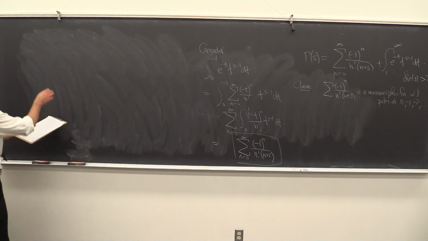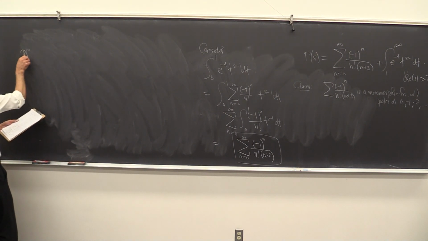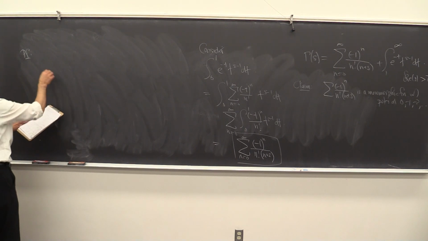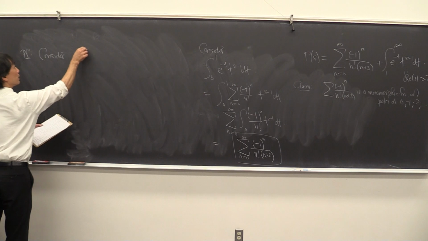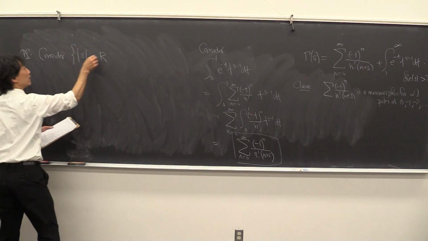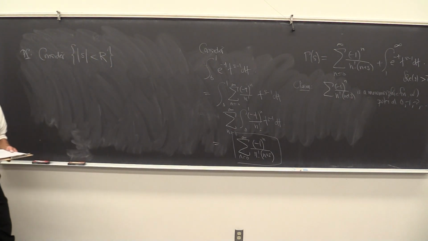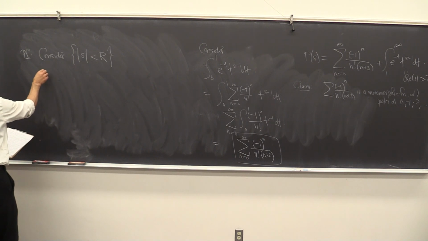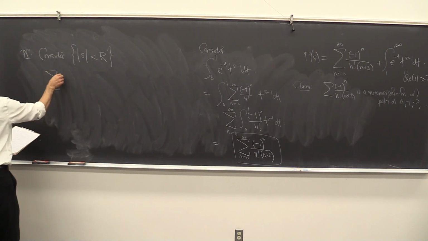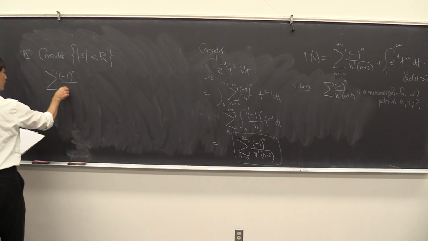Stein proves this as follows. He says, well, let's fix some r, and consider the disk of radius r. Then break the sum into two parts.